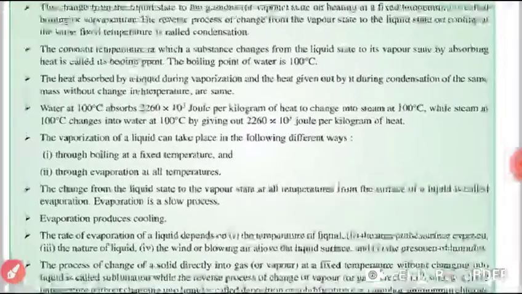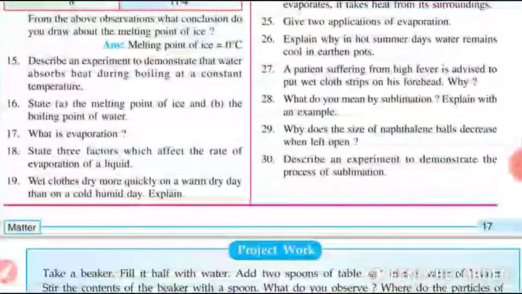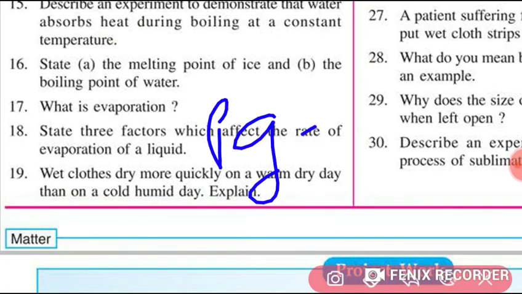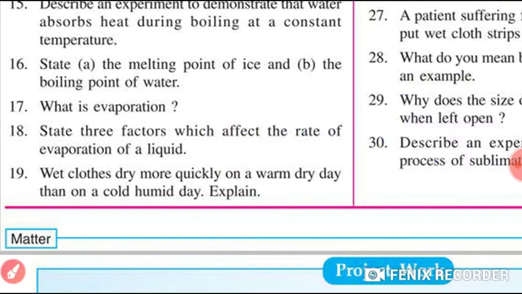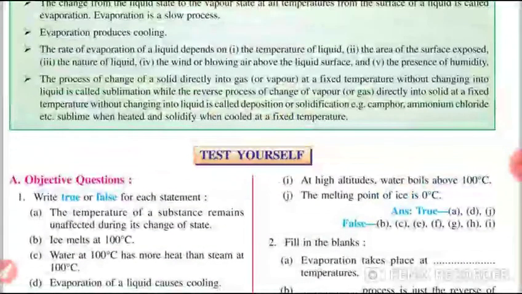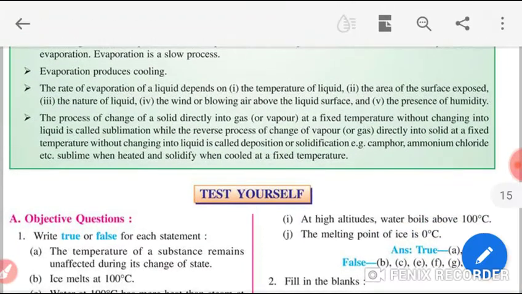Now come to question number 18. State 3 factors which affect the rate of evaporation of a liquid. Students, you will get this answer also on page number 15 only. Take out page number 15. The 25th point, the last second point, is the answer.